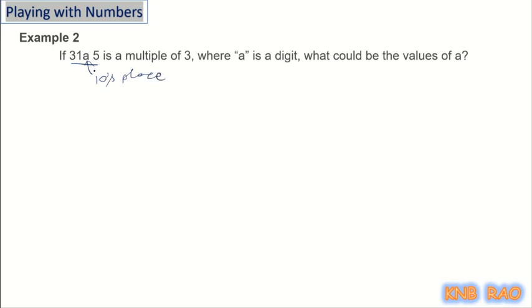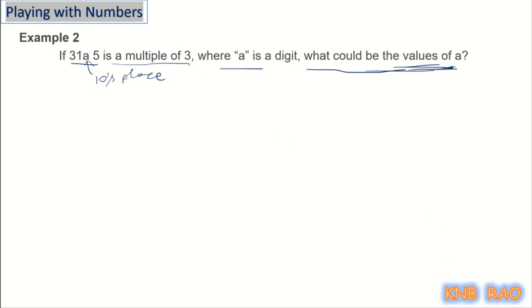This 4-digit number is a multiple of 3, where A is a digit which can take 0 to 9. Now the question comes: what could be the values of A, so that this 4-digit number is a multiple of 3?